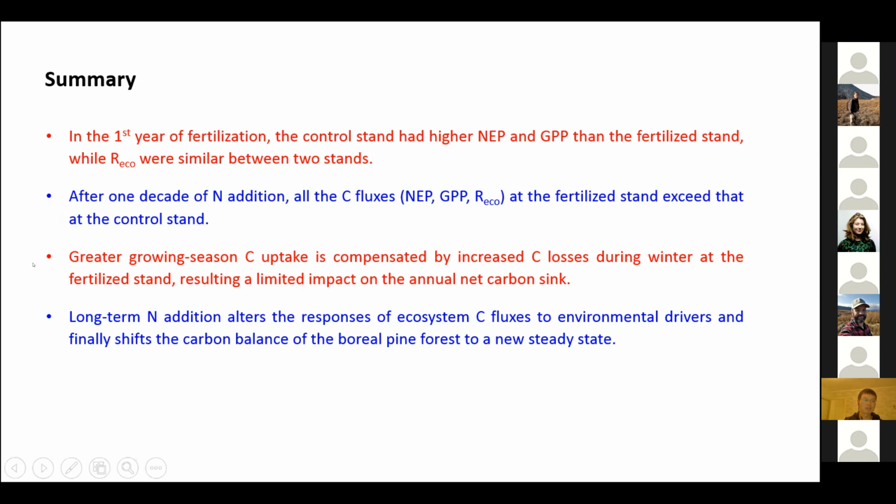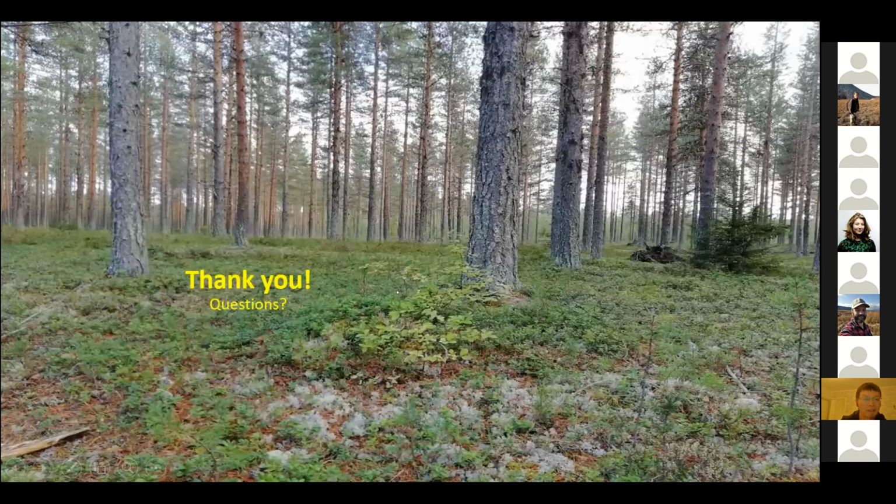We also observe that the greater growing season carbon uptake is compensated by increased loss during winter, and long-term nitrogen addition alters the responses of the carbon fluxes to environmental drivers and shifts the carbon balance of the boreal forest to a new steady state. Thank you.